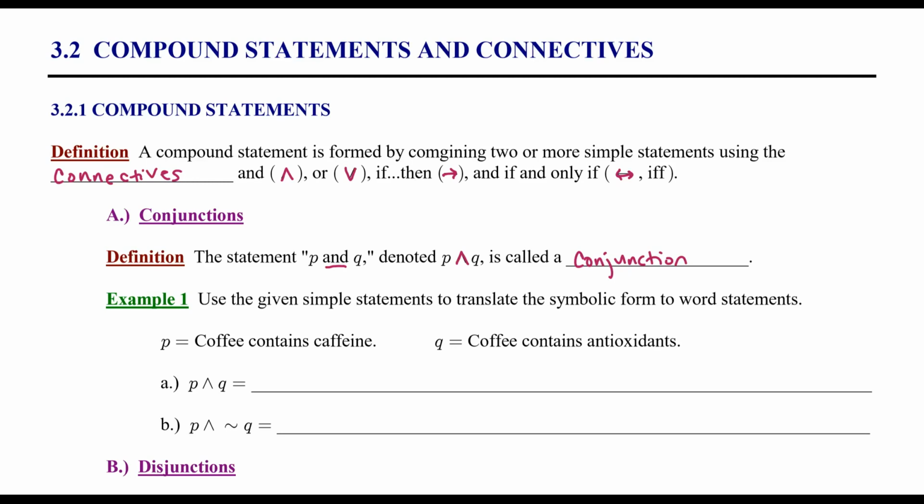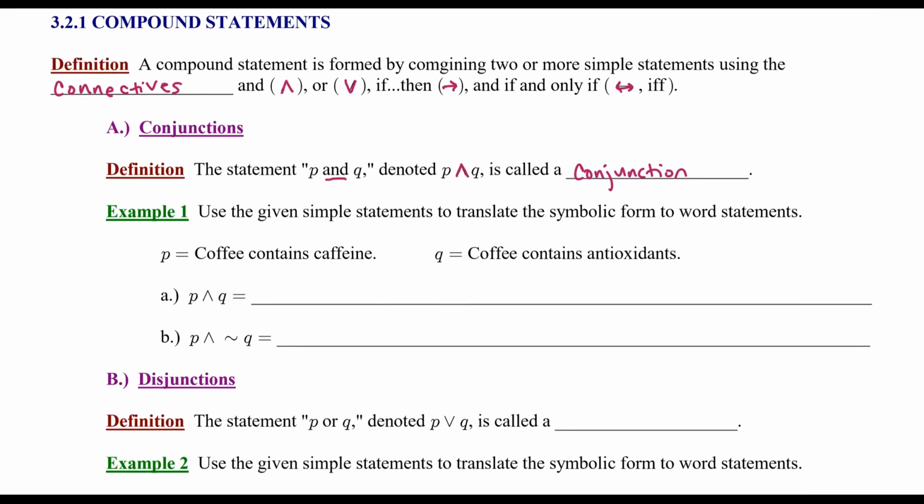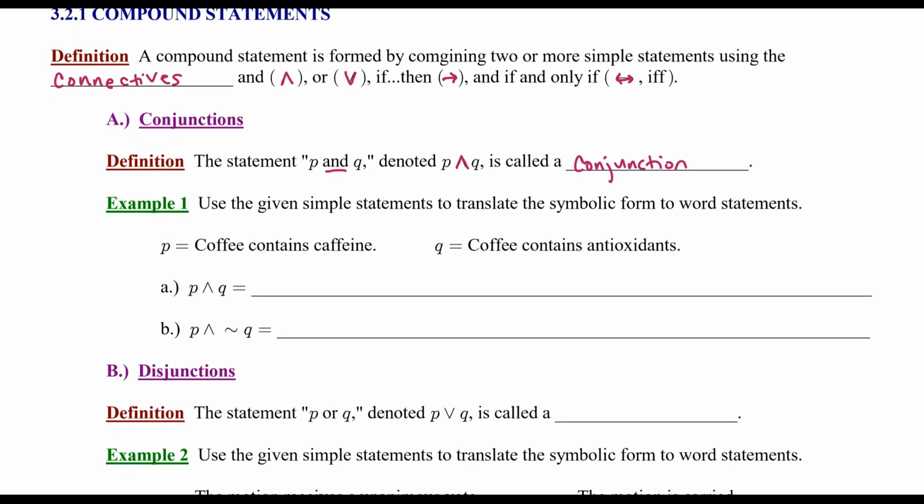In example 1, you may get a glimpse of how we can take an English statement and convert it into symbolic form. And through this, you will begin to develop an intuition on how we call math another language and how English or any other language is actually an expression of mathematics. So use the given simple statements to translate the symbolic form to word statements.